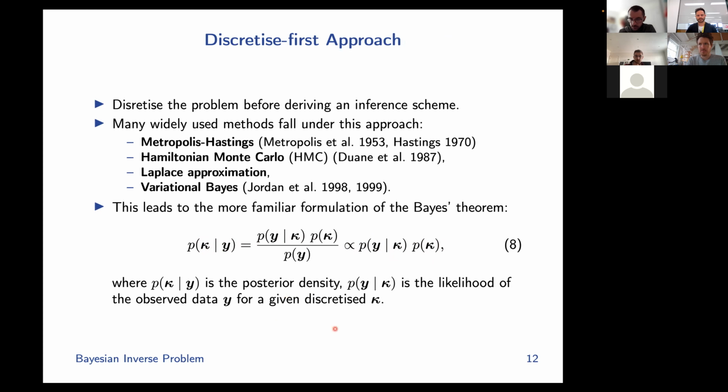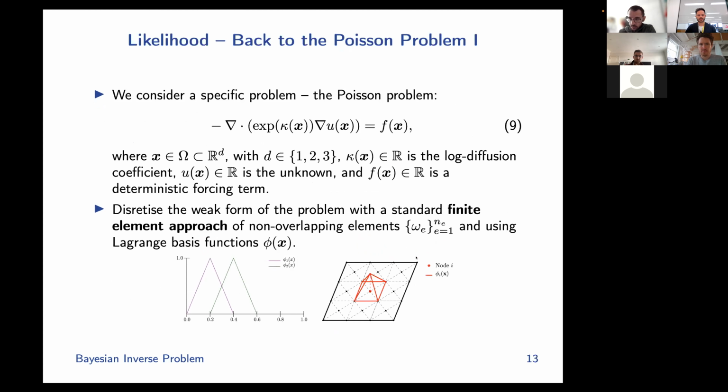And we can now specify what exactly these are. The likelihood term involves solving the PDE, and just to illustrate this, we work with the already mentioned Poisson problem.